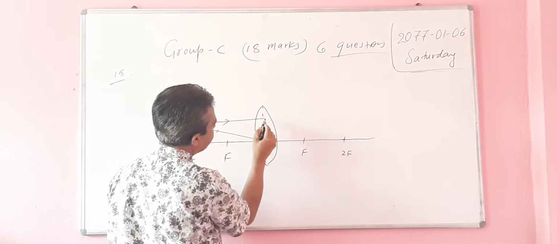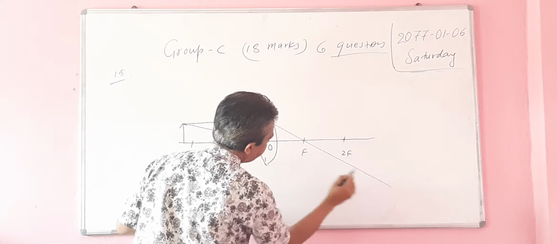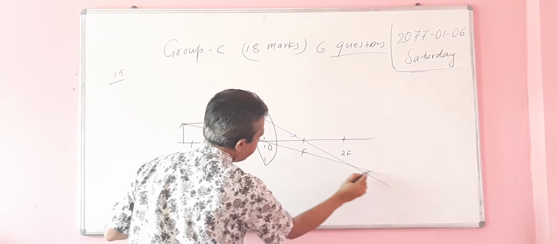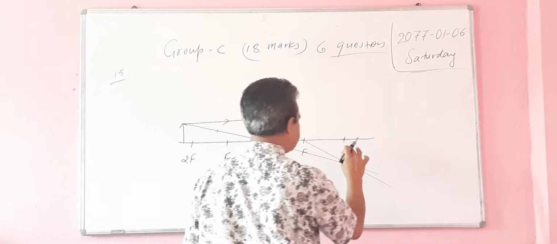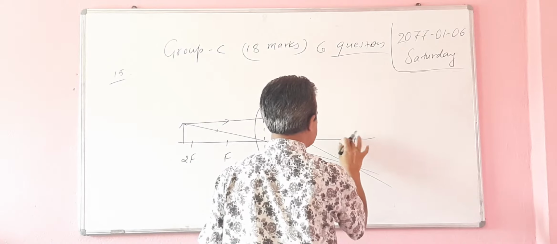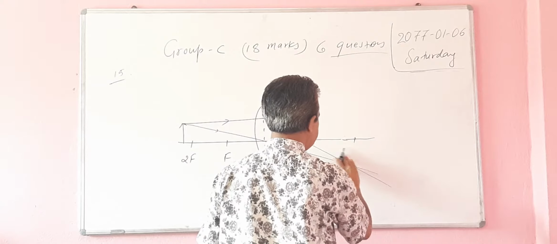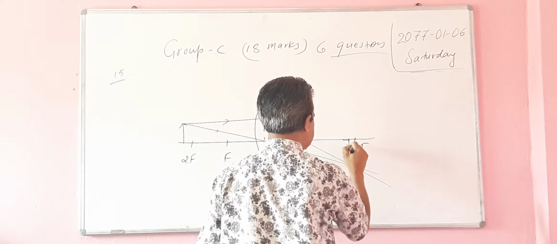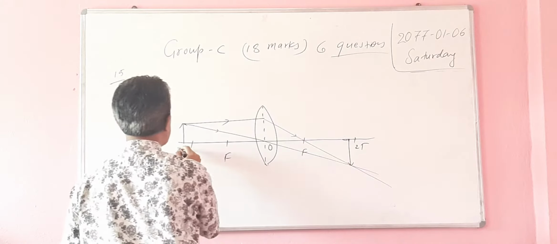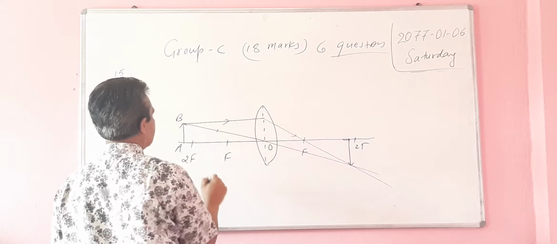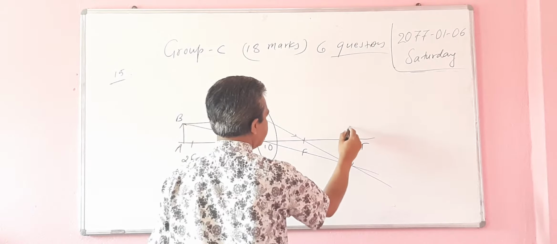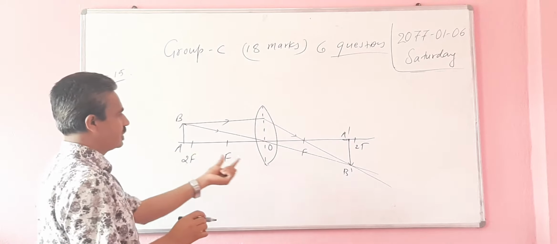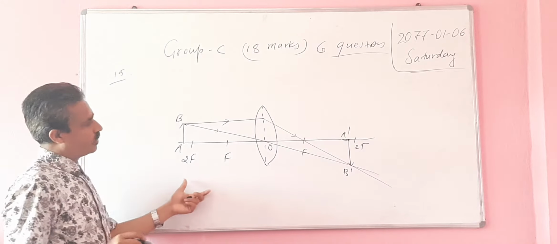It passes through F, and this F should be a little bit here. Where are they joining? They are joining at this point. So AB is the object, A prime B prime is the image. We have completed the ray diagram.